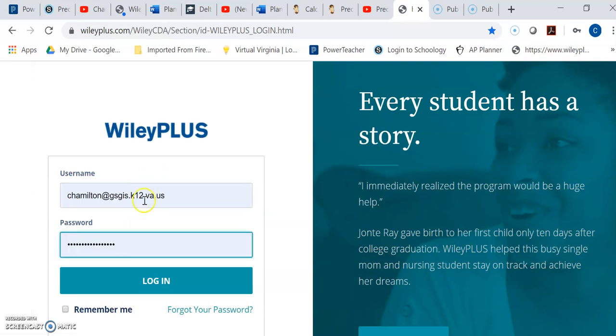Hopefully you have your login information saved on your computers, but if you do not, just remember you were using, I believe, your school email to put it in, and just click forgot your password, and then you can log in. So make sure you take care of that before the week after spring break.